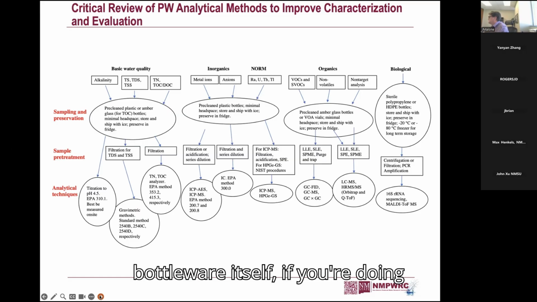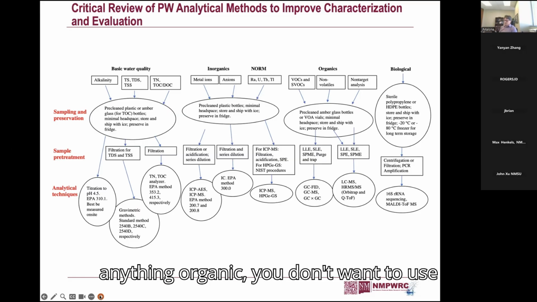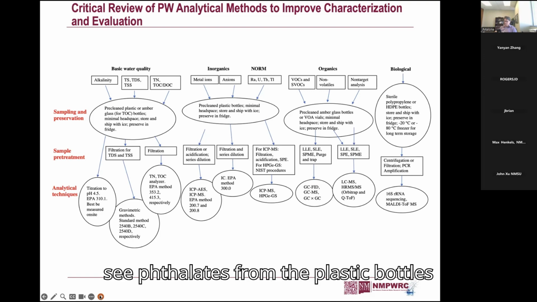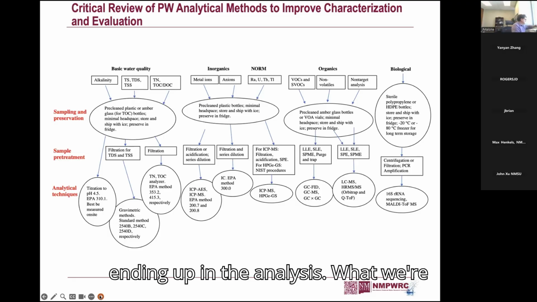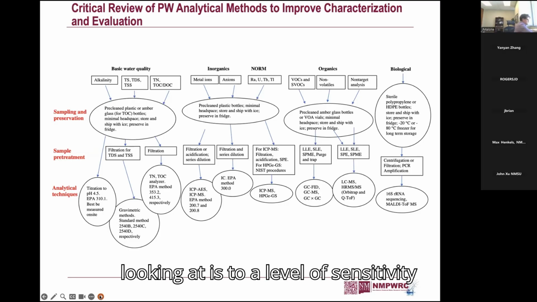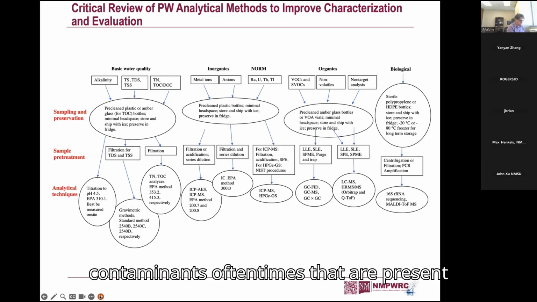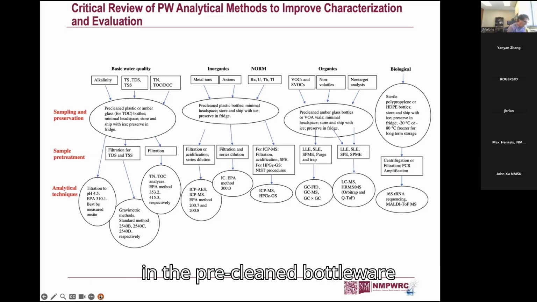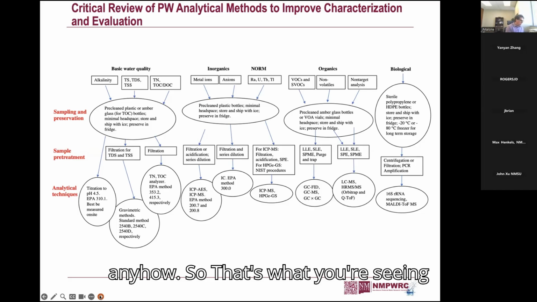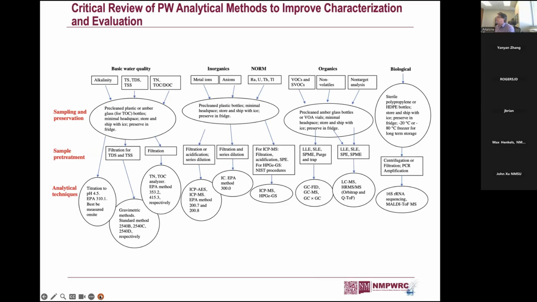Also, for the bottleware itself, if you're doing anything organic, you don't want to use plastic bottles because you're going to see phthalates from the plastic bottles ending up in the analysis. We're looking at a level of sensitivity that can pick up very, very small levels of contaminants, oftentimes ones that are present in the pre-cleaned bottleware anyhow. So that's what you're seeing across the sampling and preservation.